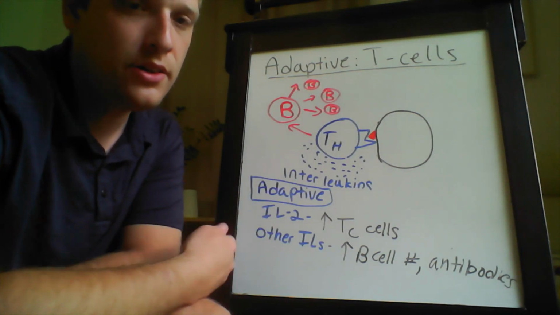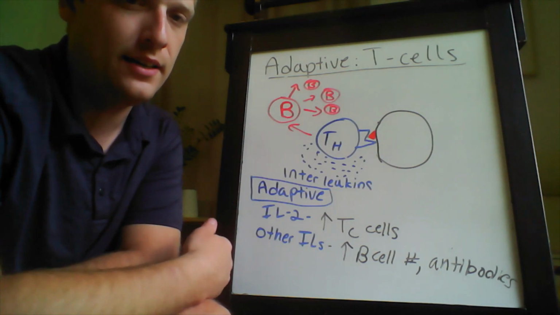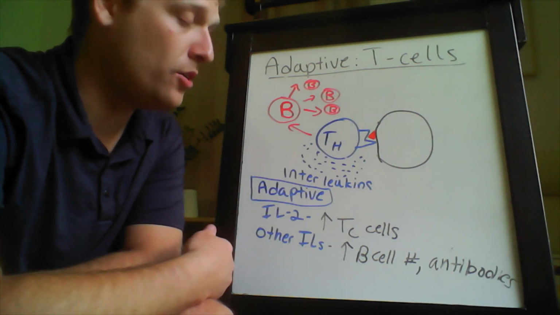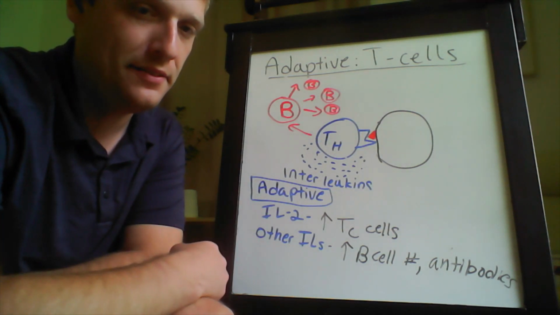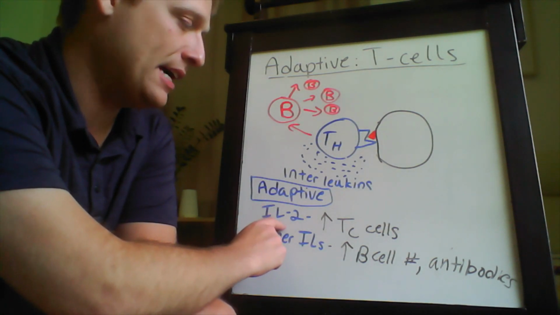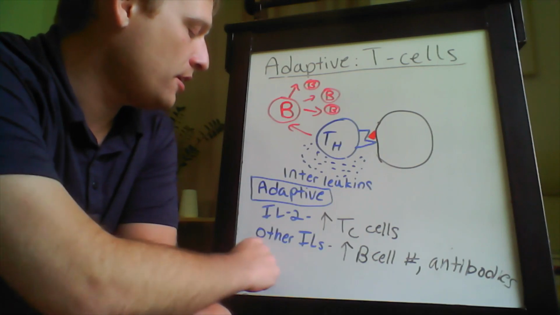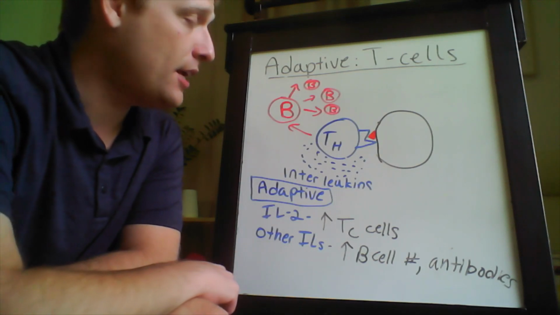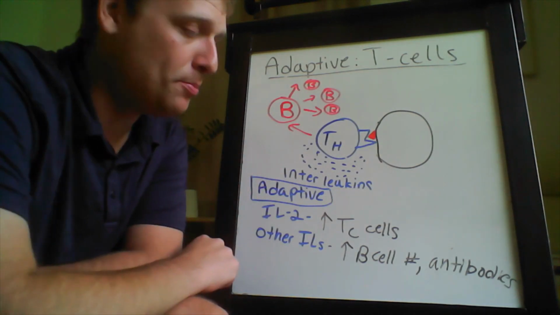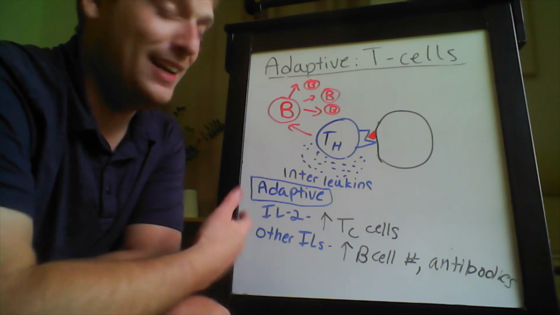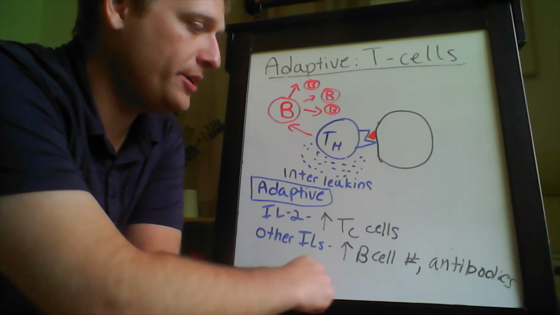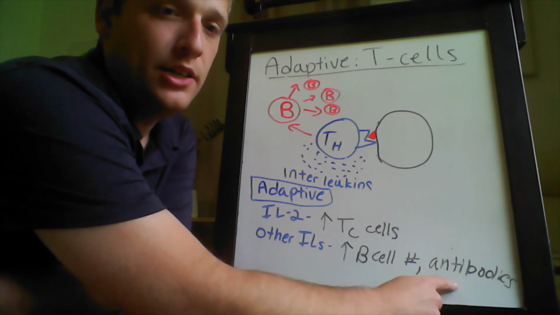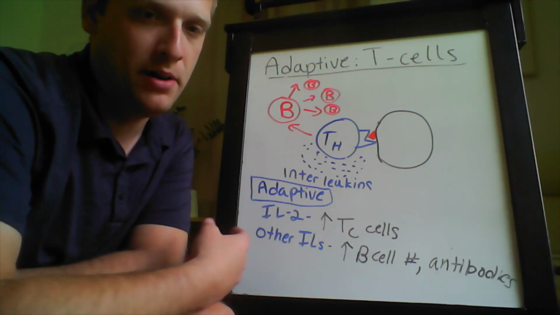So those other T cells that are directly killing other cells are going to be proliferating and increasing their activity based on the presence of IL-2. And there are other interleukins that are also going to cause B cell proliferation in an indirect way. But these other interleukins can also cause B cells to ramp up their production of antibodies.